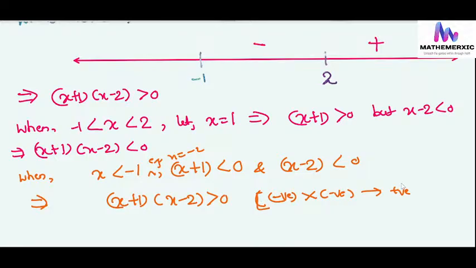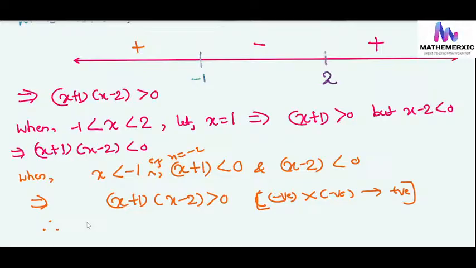That is the reason why it is this part. So therefore I can say that (x plus 1)(x minus 2) is greater than 0, so this is positive here.